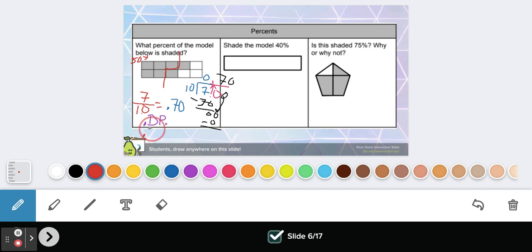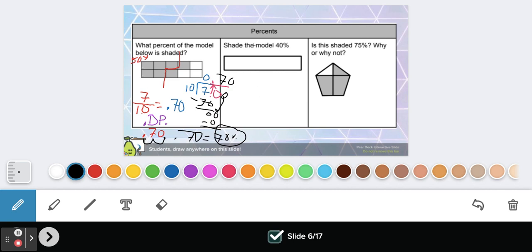If I'm going to use 0.70, first a decimal, I want to change it to a percent. All I have to do is move the decimal twice to the right. So 0.7, or 0.70, is equal to 70%. So this one is 70%, and we did figure out that it was more than 50%.